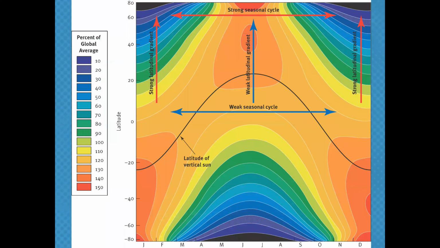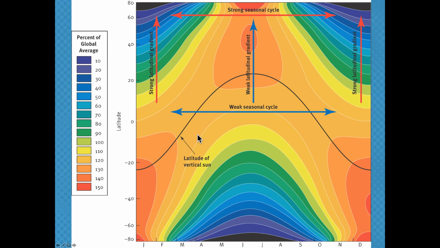This image here is a little bit complicated, but not really that difficult. These are the months, January, February, March, all the way through the year. And this is giving you an amount of energy. So notice if you're at the equator, notice how little the color changes. Orange, orange, orange, orange, orange, right?